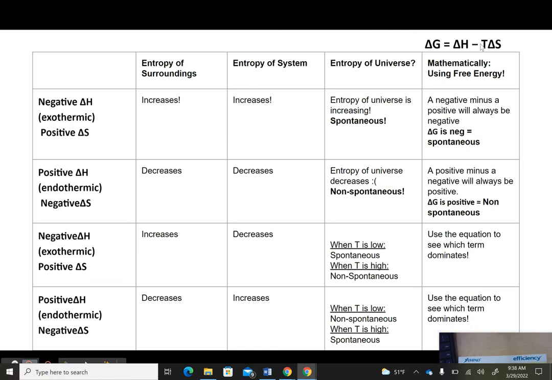Once you start upping that temperature, this term over here will take precedence and we will get a positive value for delta G. The opposite is true for an endothermic reaction. If you're taking in energy, but you are increasing the entropy of your universe, then when the temperature is low, we won't be spontaneous, but when it is high, we will.